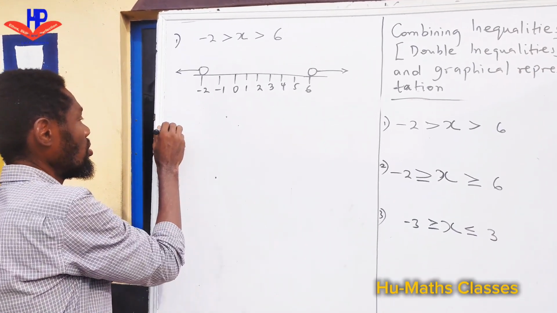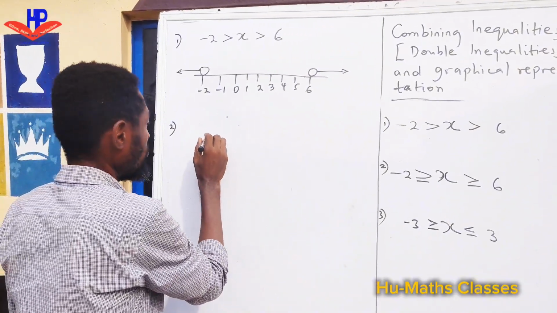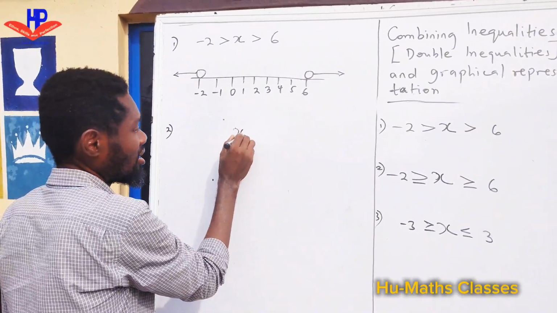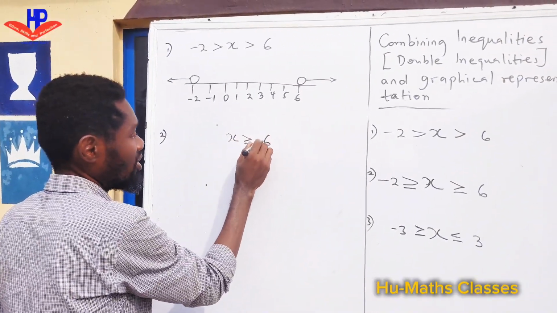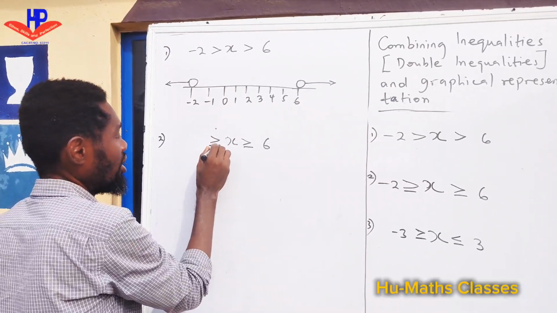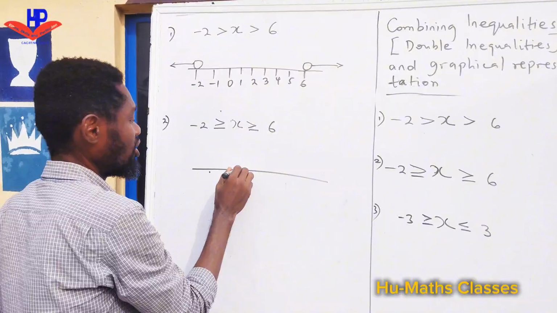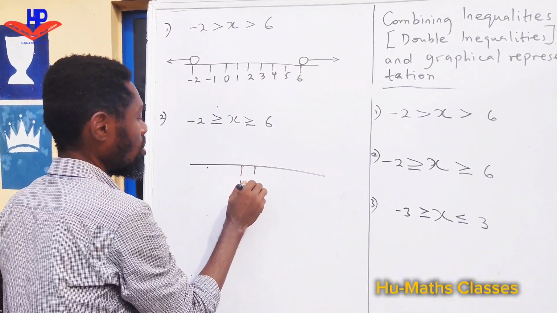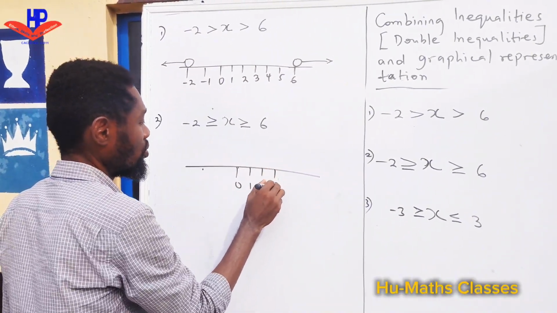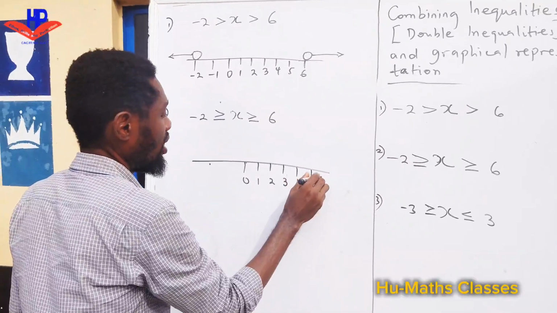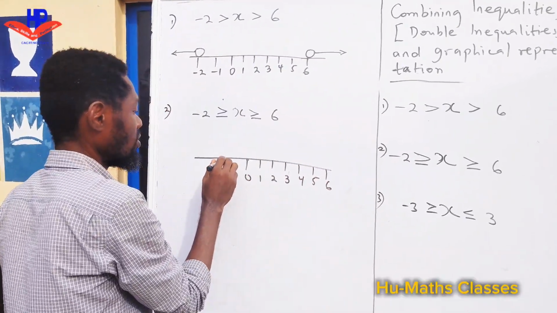Number 2, we have x greater than or equal to 6, less than or equal to minus 2. Draw your line. Indicate your origin. 1, 2, 3, 4, 5, and 6.